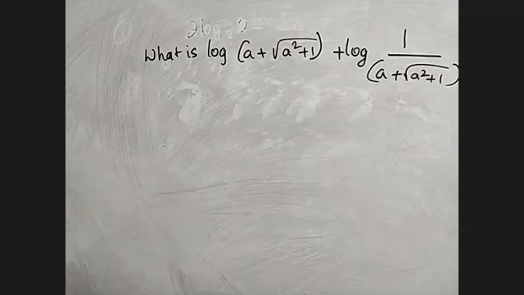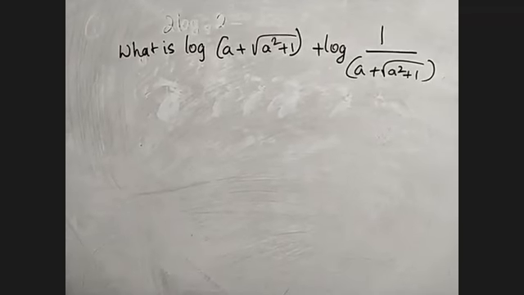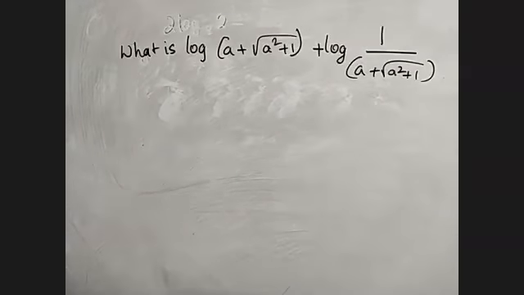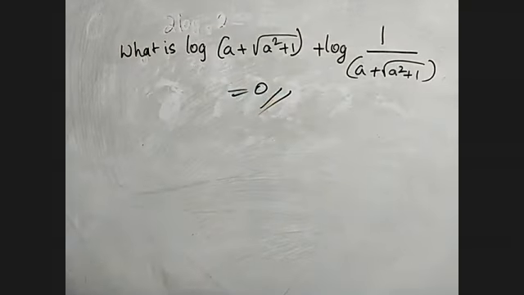Simple now. You can say the answer once you see this. This is log a plus log b, that is log ab. So I'll get log 1, that is 0. Isn't it? Answer is 0. Just multiply. You'll get the answer as 0.